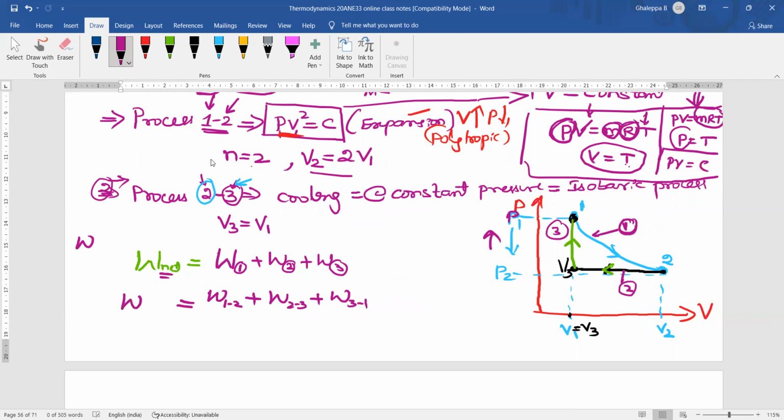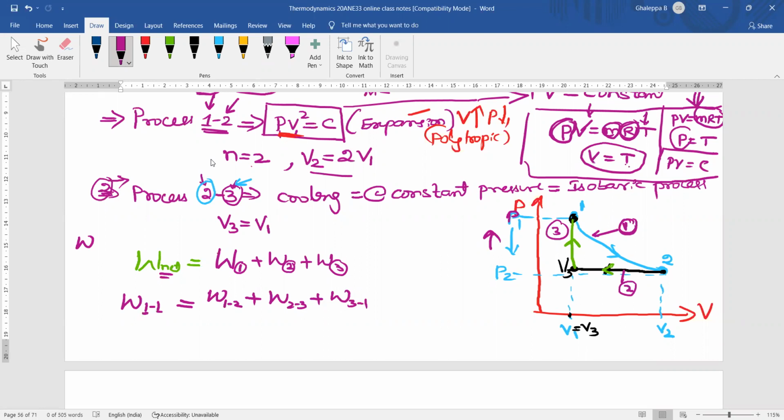How can I write here? Any idea? 1 to where does it end? 3? 3 is not the end. It is a cyclic process. So I cannot write 1 to 1 like this, as the initial point is also 1 and the final point is also 1.